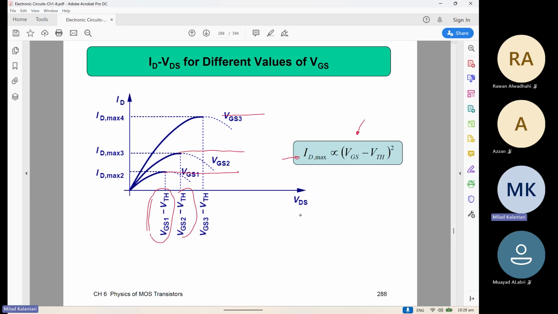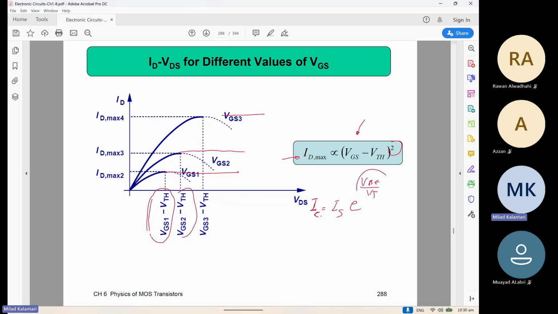But for the BJT, if you remember, the collector current was IS times exp of VBE over VT. So if you compare these two, the drain current is a square law, right? But the collector current is exponential.